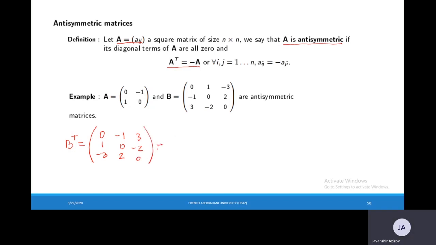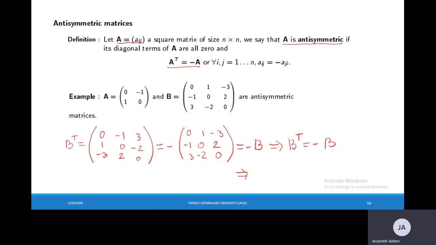This one is equal to minus 0, 1, minus 3, minus 1, 0, 2, 3, minus 2, 0. This one and this expression are the same. From here, it will be minus B. This shows that the transpose of B is equal to minus B, and also all diagonal elements of this matrix are zeros.